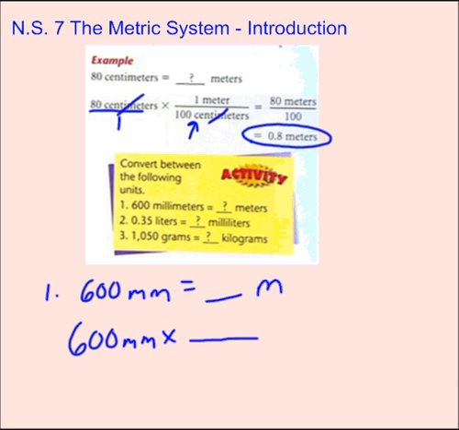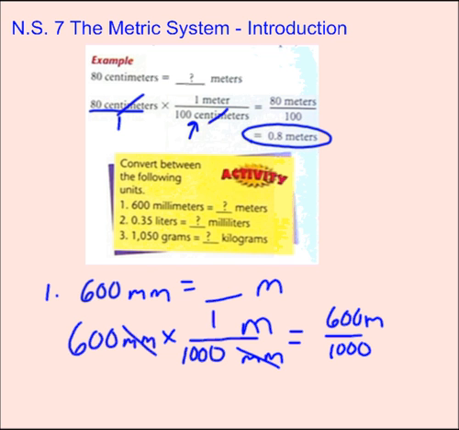Now I want millimeters on the bottom, and meters are going to be on the top. Now I know in 1 meter, going back to that table we were looking at before, there's 1,000 millimeters. All right, so again, my millimeters are going to cancel out. I get 600 over 1,000. And my final answer is going to be 0.6 meters.